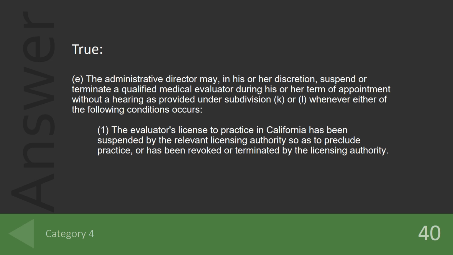Now, I can't speak for the medical board or the osteopathic board or the psychology board, but I can tell you that for the chiropractic board, the chiropractic board is concerned that its licensed practitioners, doctors of chiropractic, maintain high standards and that they be good boys and girls, not only within the four walls of their treating office, but also within the global atmosphere out in the public, so to speak.